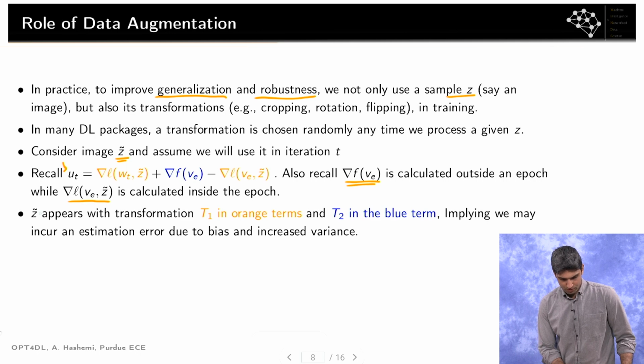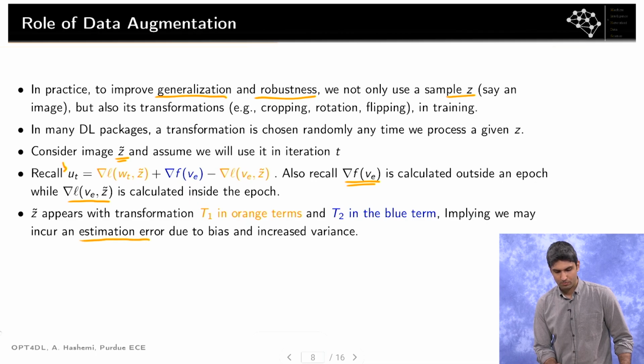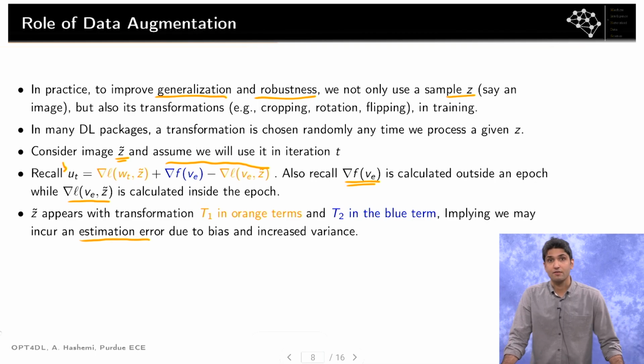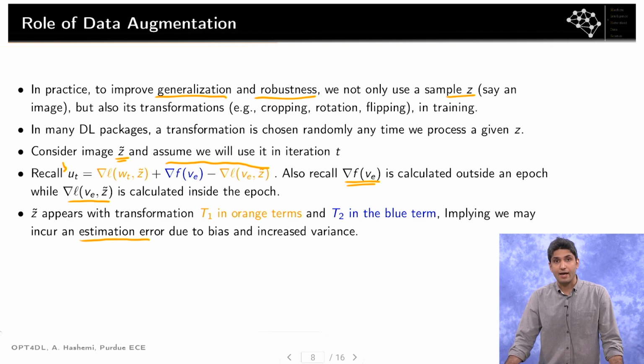In particular, Z tilde appears with transformation T1 in the orange terms, but with another transformation T2 in the blue terms. This implies that there's going to be some estimation error due to bias and increased variance, such that, for instance, this term is not 0 on expectation anymore.